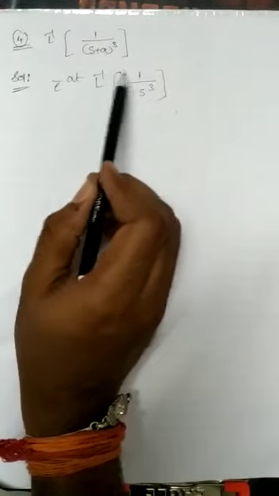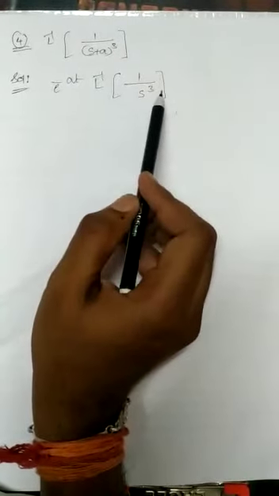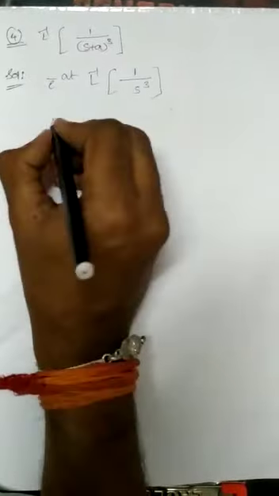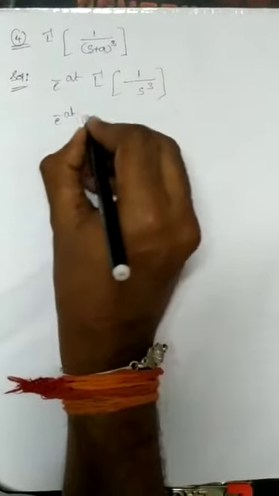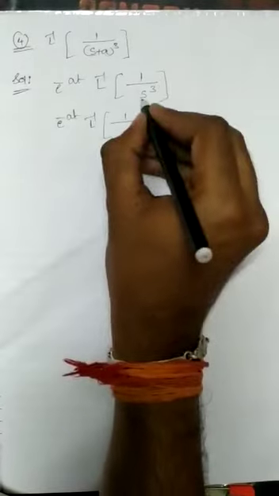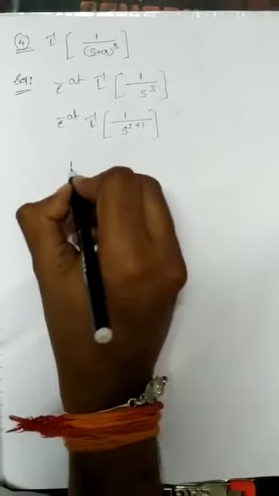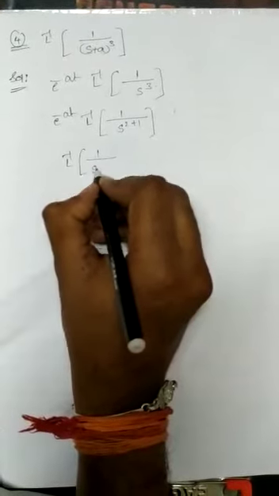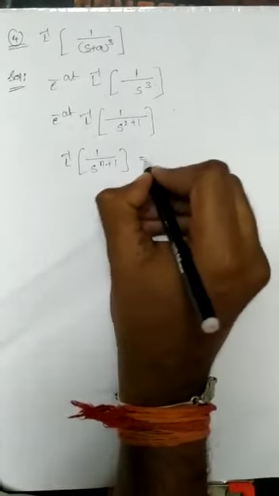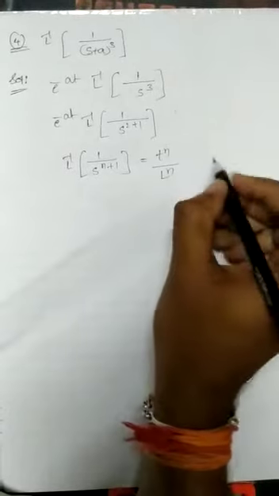Then how to find Laplace inverse of 1 by s cube? As we have discussed previously, we have to write this s cube as s to the power of 2 plus 1, because we have the standard form, that is Laplace inverse of 1 by s to the power of n plus 1, that is t to the power of n by n factorial.